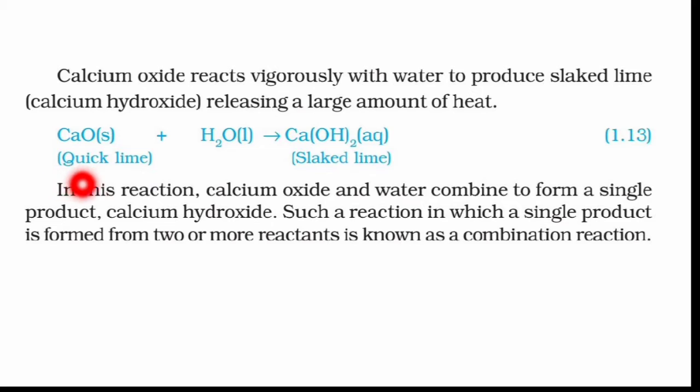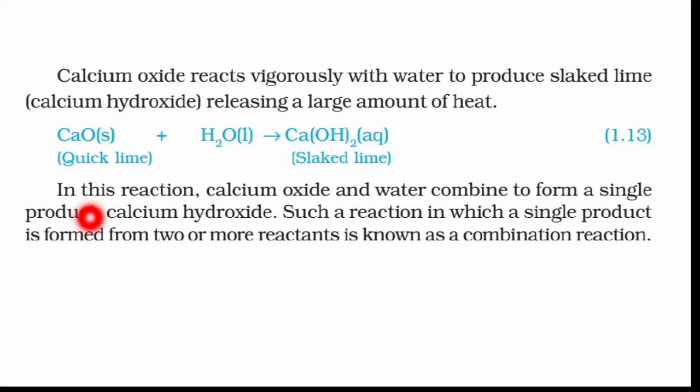Here is a reaction for this. This is a chemical equation. Calcium oxide is in solid state, water is in liquid state, and it gives the product Ca(OH)2, that is aqueous. Aqueous means it is semi-solid, or you can say a thick liquid.